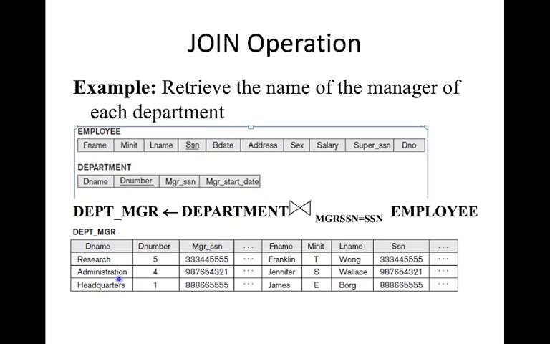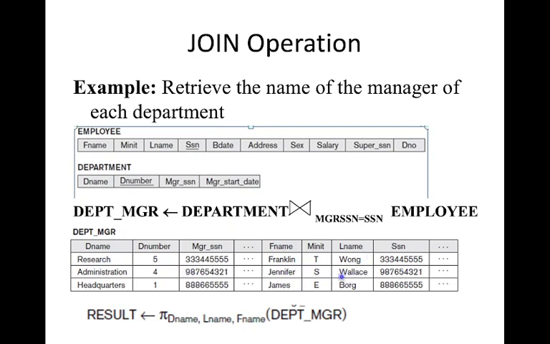If you want to project the name, then pi of first name, last name from this table. So we can simply project the result. We project the department name, then last name and first name from this table, and we get the managers. For the research department, the manager is Franklin Wong.